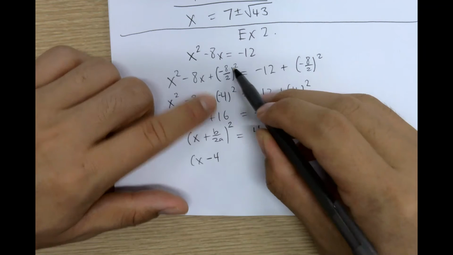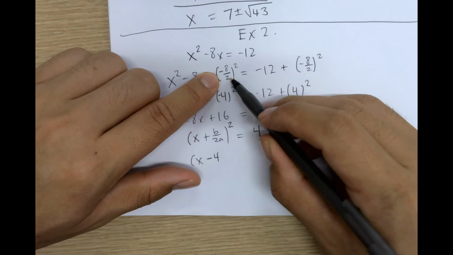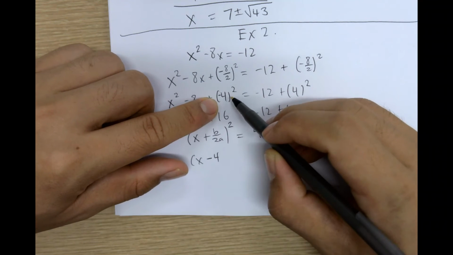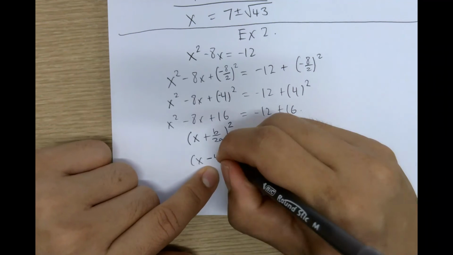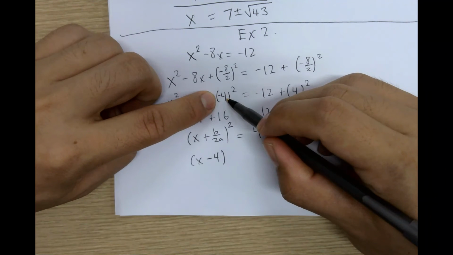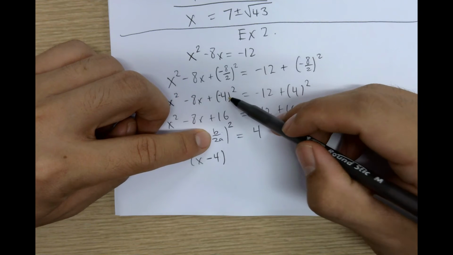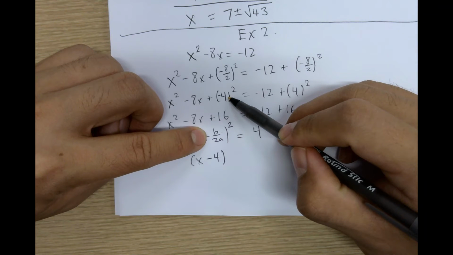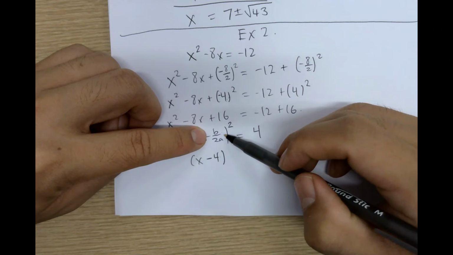Because b divided by 2a, we already filled out right here, -8 divided by 2, and when you solve it out, it would be -4, so this -4 would also go right here. So this -4 represents b divided by 2a.